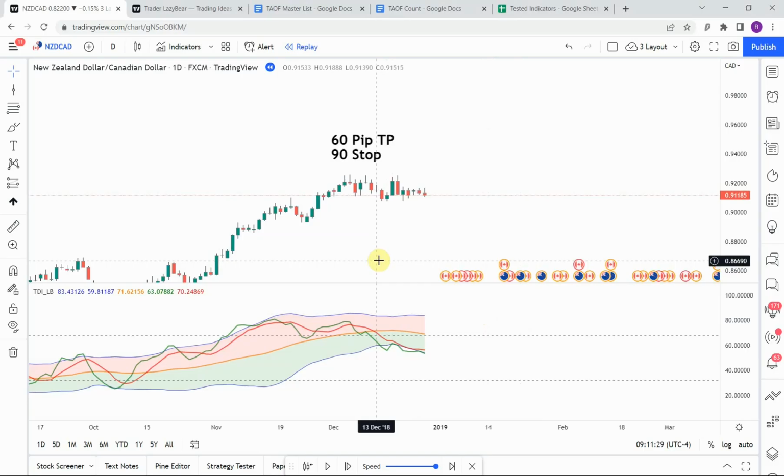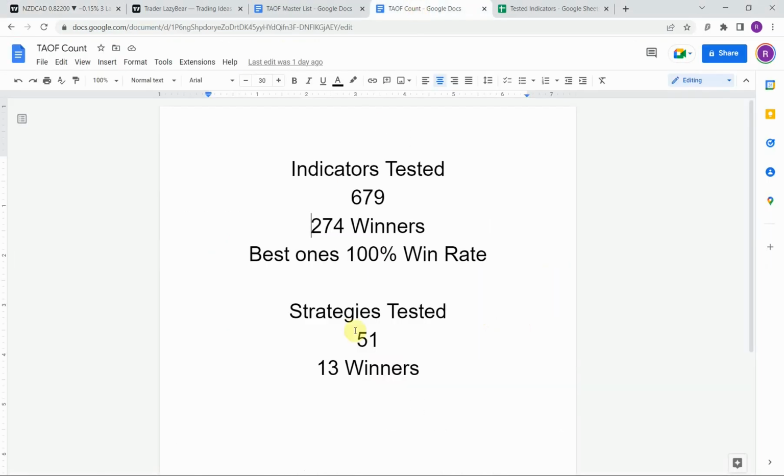Alright, as I said, today we will be testing the Traders Dynamic Index. Before we do though, I wanted to put the testing scoreboard up for everyone to see. So to date, we have tested a total of 51 different strategies, with 13 of them being profitable. We've also tested a total of 679 indicators, with 274 of them being winners.